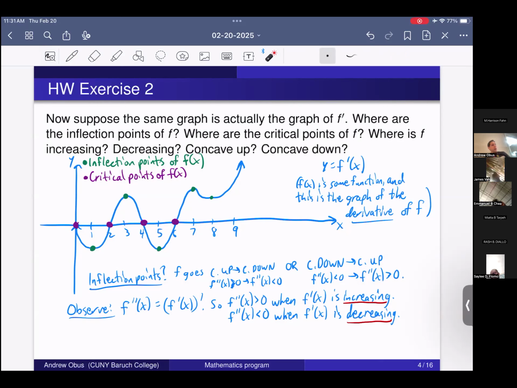Now the other questions we've basically figured out already. We want to know, where is f increasing? f of x is increasing exactly when f prime of x is positive.